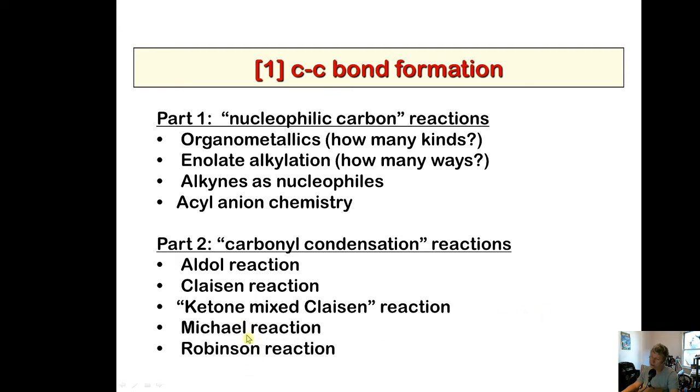We also learned about the Michael reaction, which creates 1,5-diketones or 1,5-dicarbonyls. And then the Robinson is this weird thing that does a Michael followed by an aldol, and it gives you an aldol product, so it's usually a cyclic alpha beta unsaturated ketone.